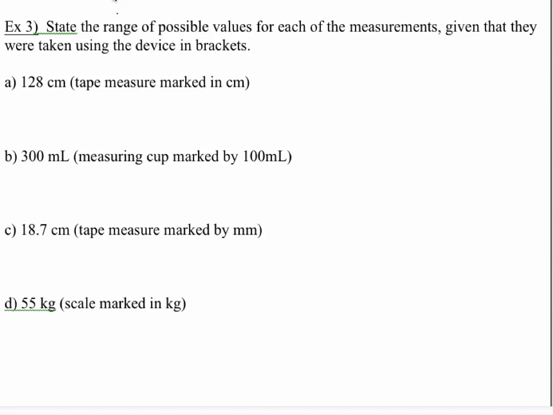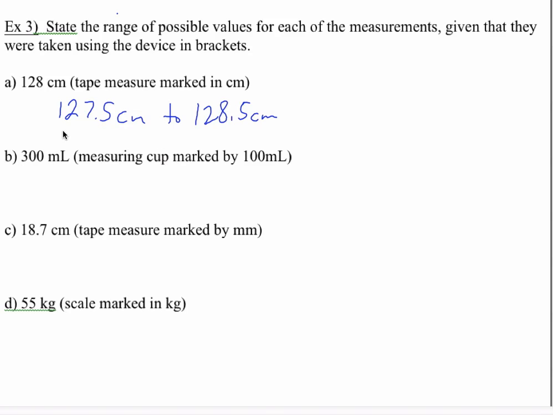Okay, so let's take a look at this example. State the range of possible values for each of the measurements given that they were taken using the device in brackets. So, a tape measure marked in centimeters. The actual measurement could be anywhere from 127.5 centimeters to 128.5 centimeters. Maybe we'll write this more precisely.